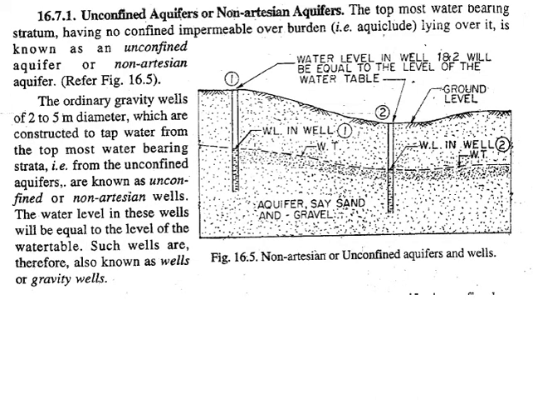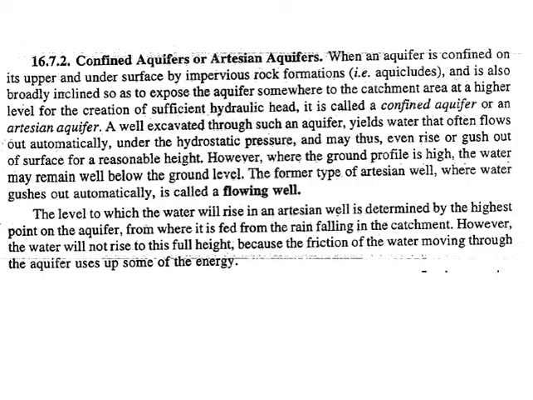You can see here, this is the level of the water table and this is the level of the water in the well, and both are equal to each other. Therefore such wells dug in an unconfined aquifer are known as gravity wells. Next is the confined aquifers, or artesian wells.